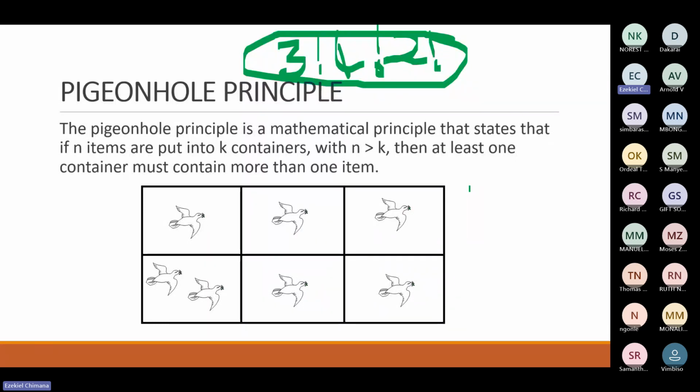So that's the principle. Whenever you've got fewer containers than the number of things that you want to place into them, there is always going to be one container which has more than one pigeon. If you are asked for the definition, that's what you give.